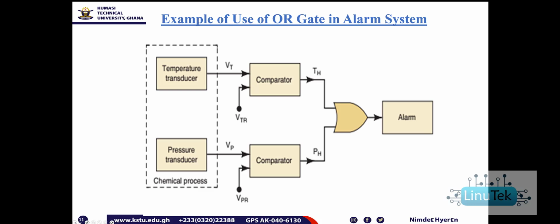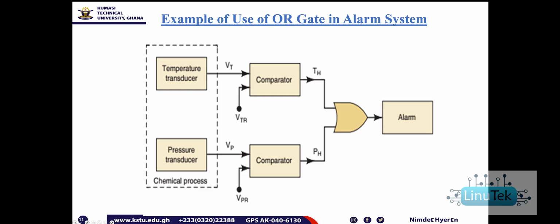The comparator will mean that within the comparator, there is a threshold voltage that has been set. So the other input of the comparator would also be a certain voltage. So at all times, the comparator compares its inputs and then gives an output. Now, because we're using an OR gate and connecting that to the alarm, when the inputs of both comparators are low, we would not get any output.